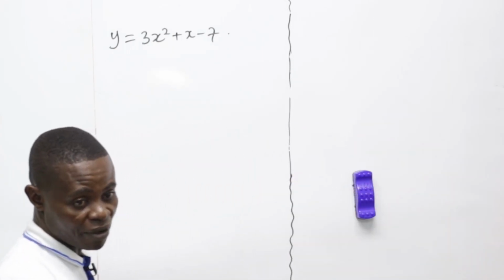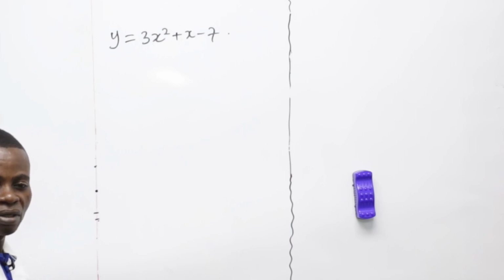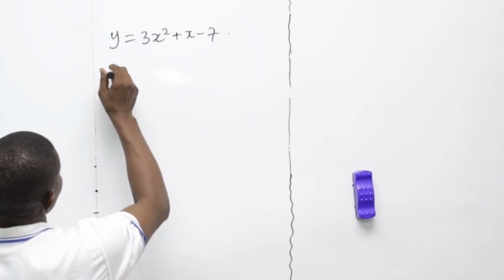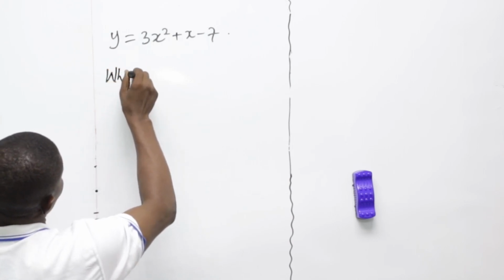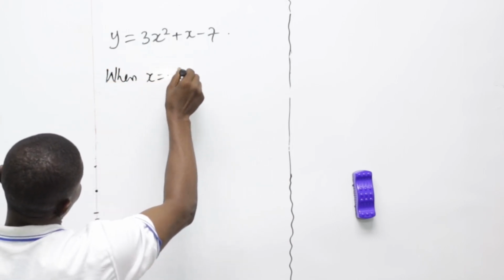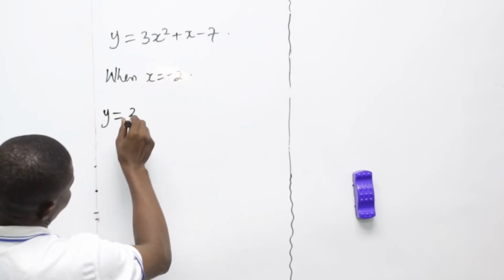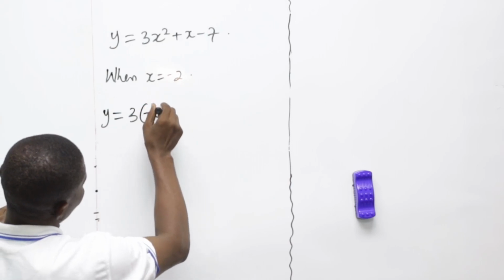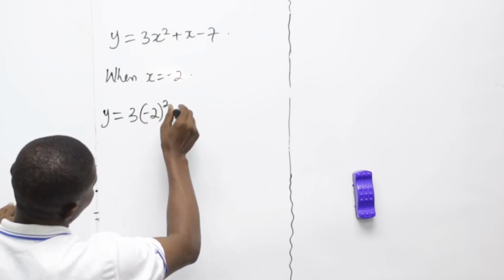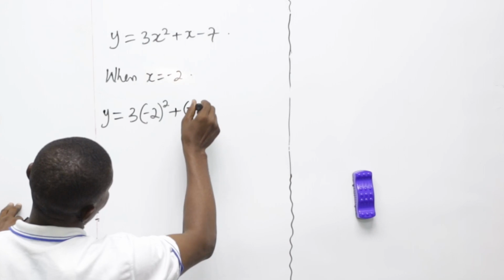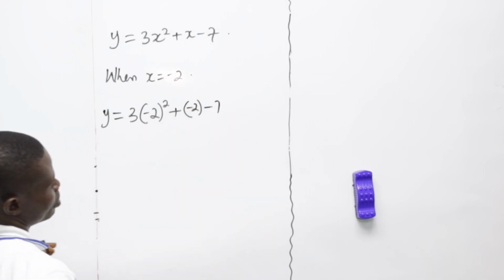Now, the first value there was -3. We are not looking for -3 because it's already filled. So you now say when S equals -2, Y equals 3 times S squared plus S -7.